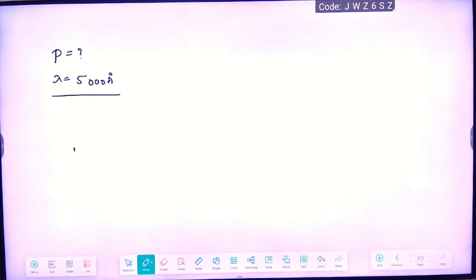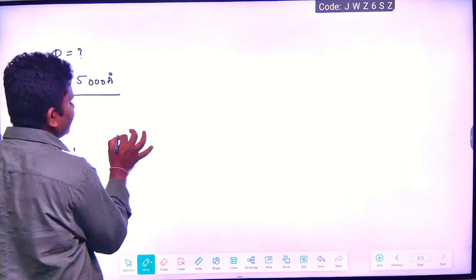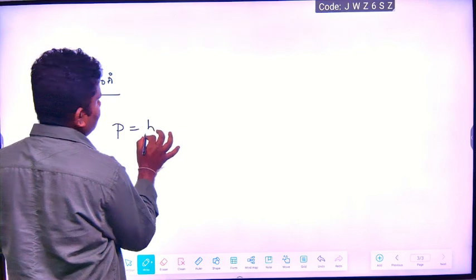Momentum is different from mass. Take the simple one. What is the formula? I have given it now: h by lambda. So momentum is h by lambda.